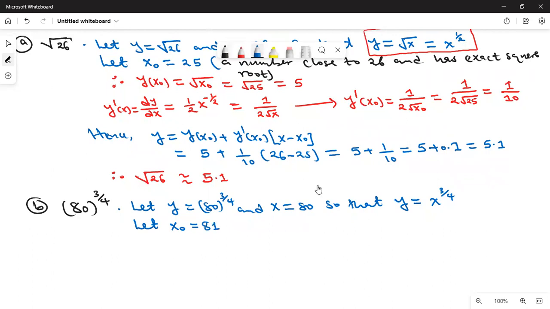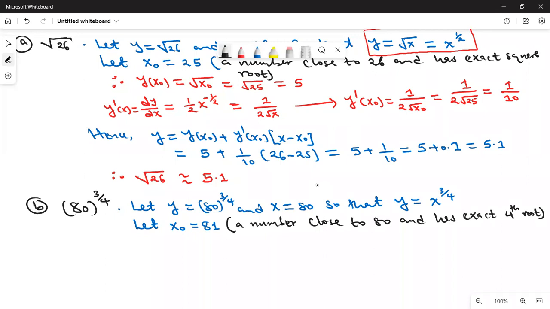My choice of 81 is that it is a number close to 80 and has an exact fourth root. That's why I chose 81.